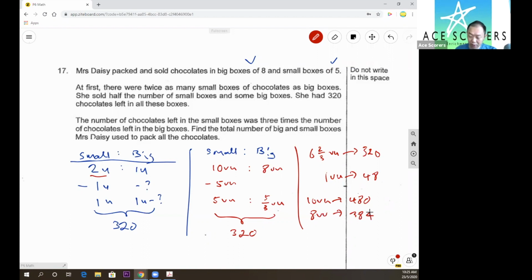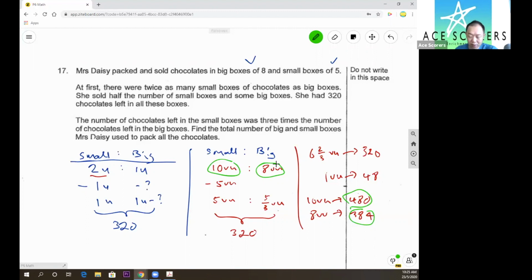So the number of big and small boxes. What I have found here is the number of chocolates here, and this one is the number of chocolates here. But they don't want the number of chocolates. They want the number of boxes.